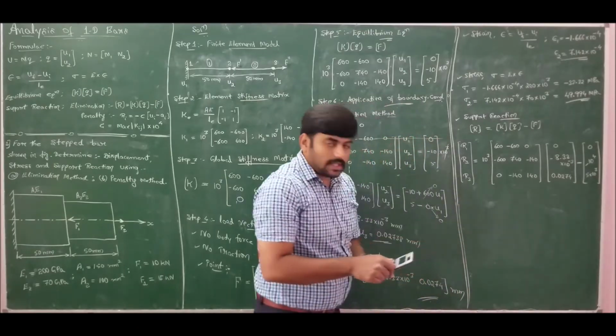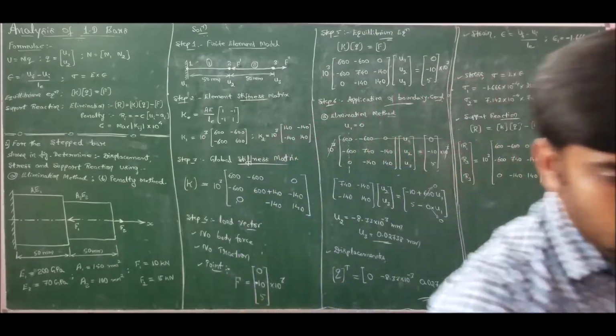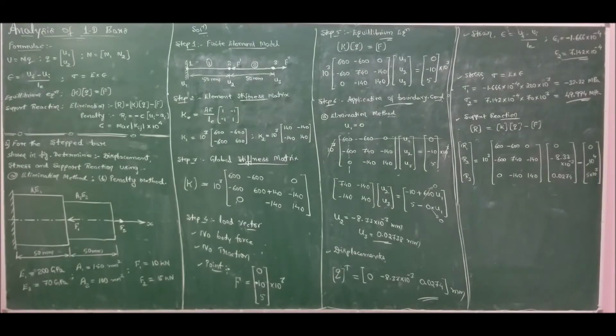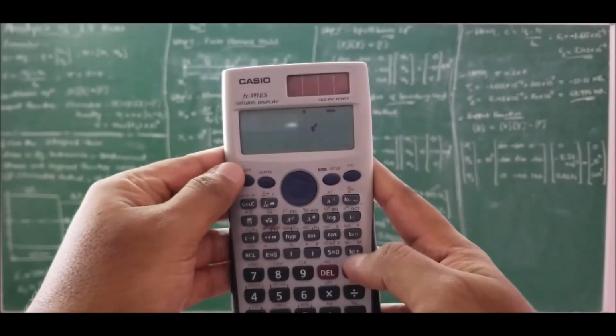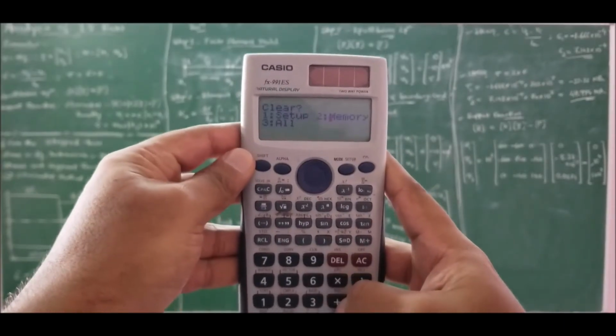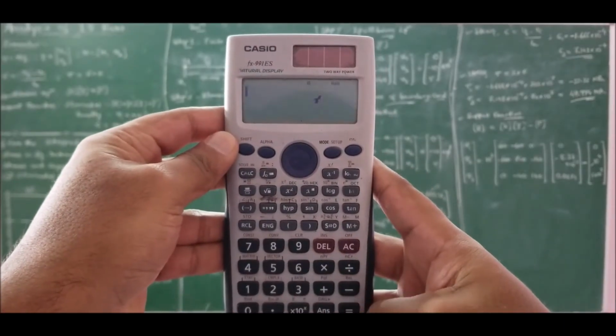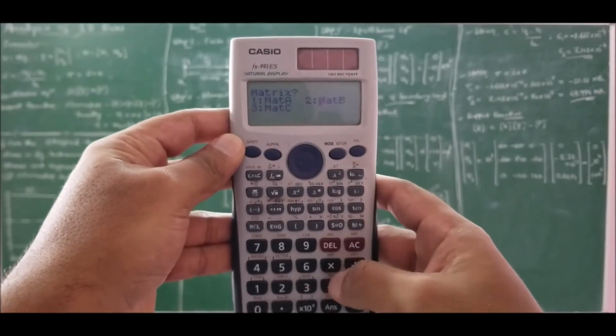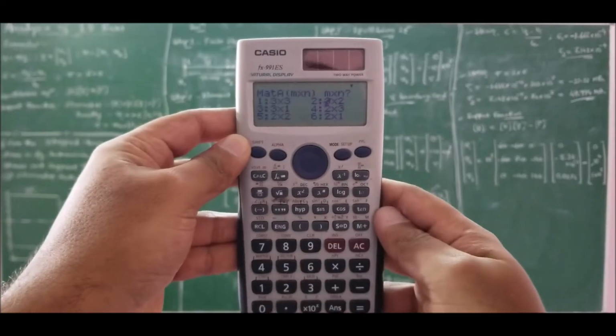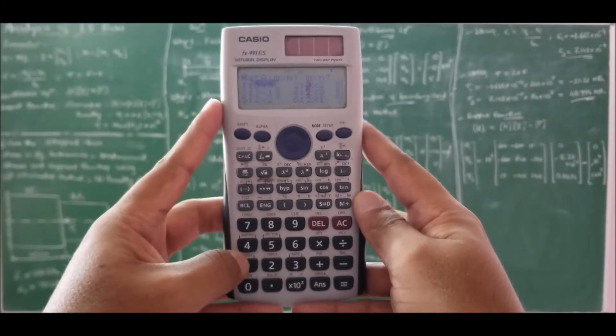So to solve this, let me explain that. First, let us clear the calculator. Cleared. Next, go for setup. Select matrix. Go for matrix A. Matrix A is 3 cross 3.